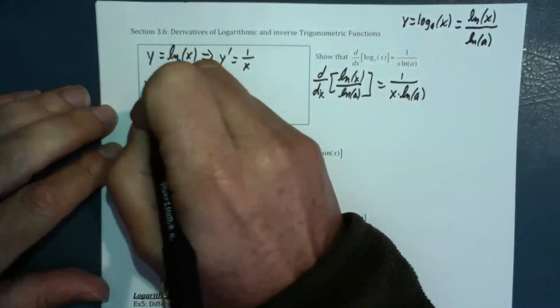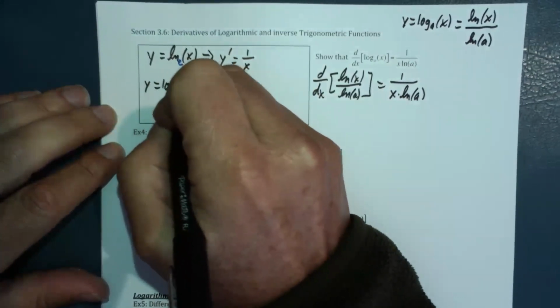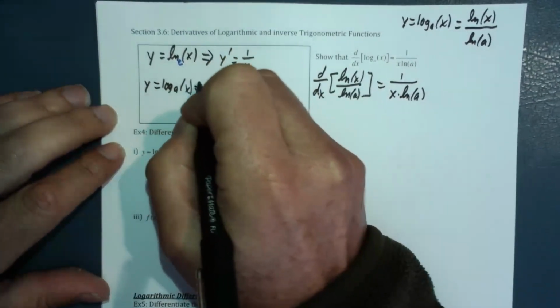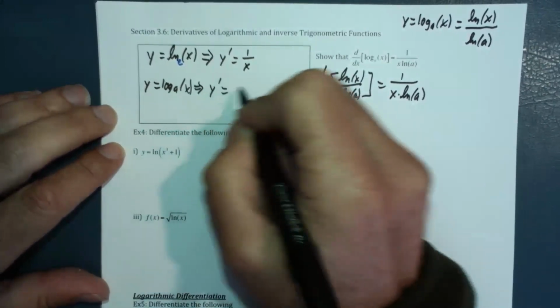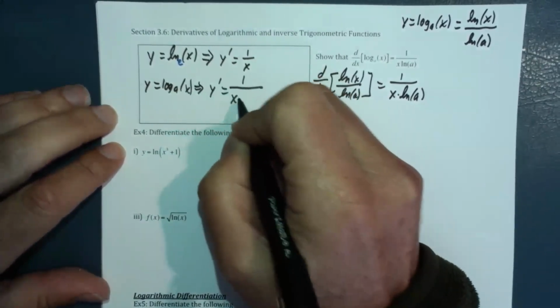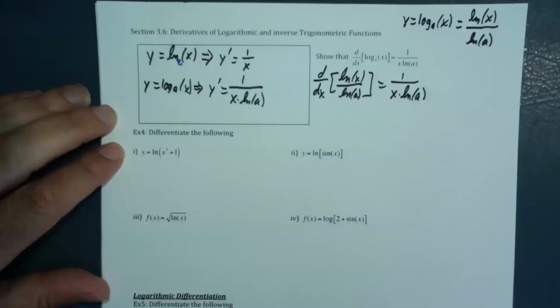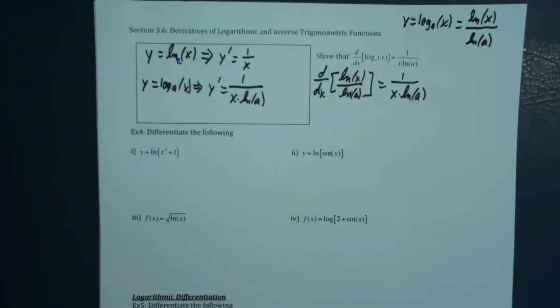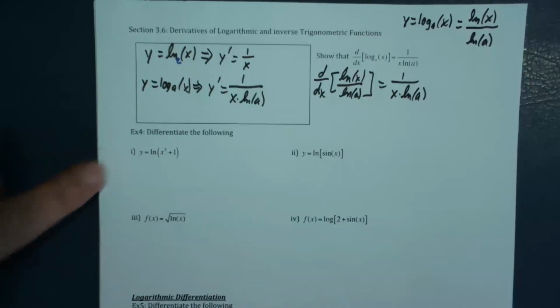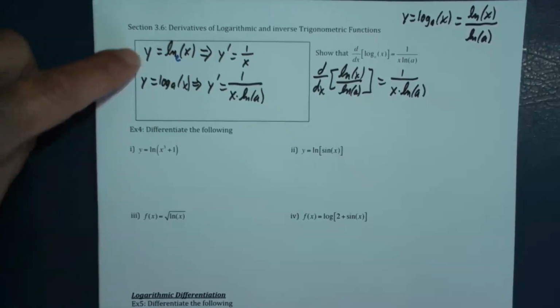So once again, if we're given y equals log base a of x, then the derivative is 1 over x times ln of a. And we'll run into that today. All right, we just have a few examples to go through. Let's start with example 4, part 1, keeping all of this in mind.